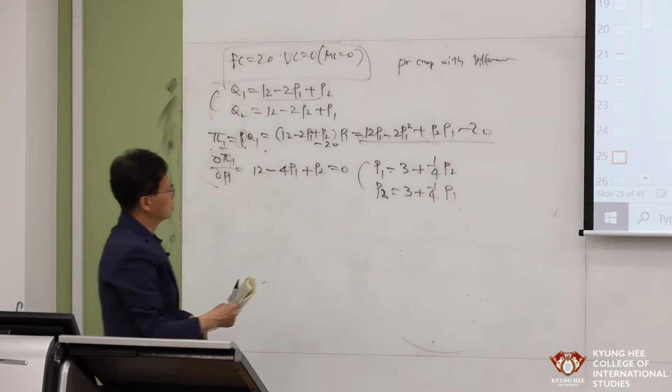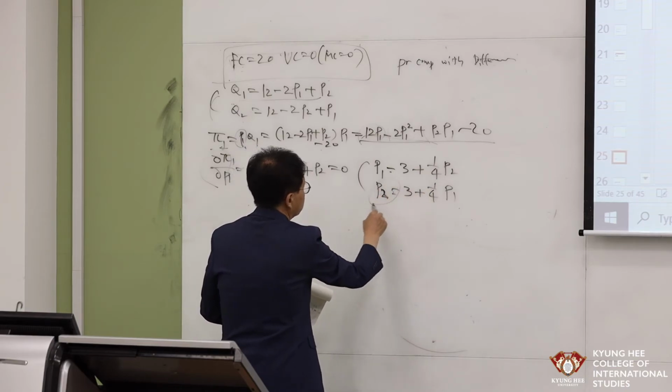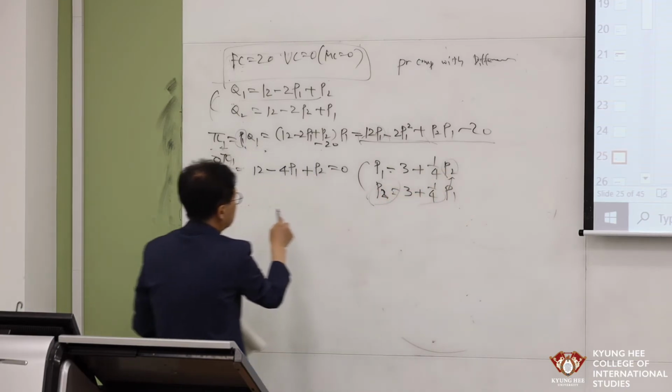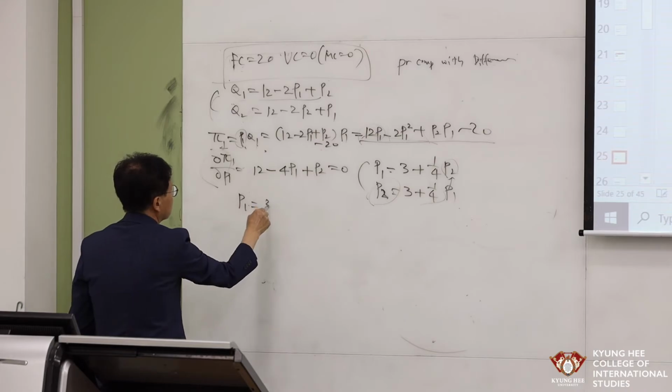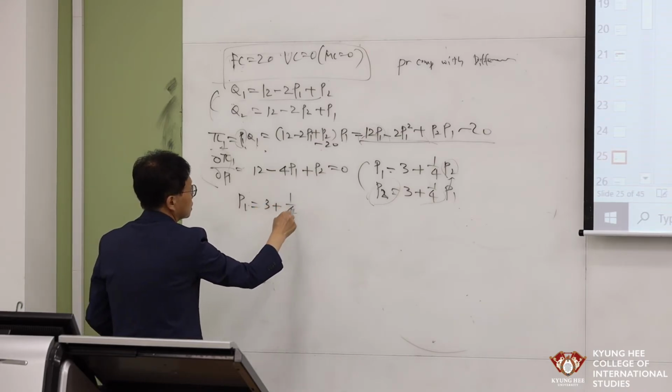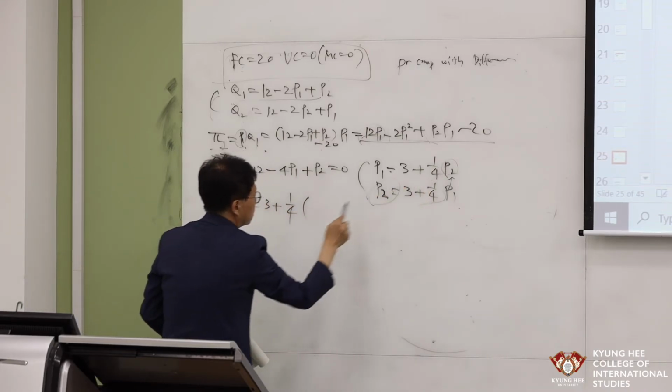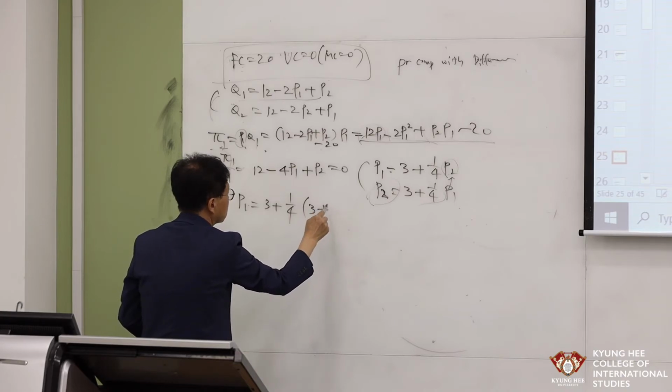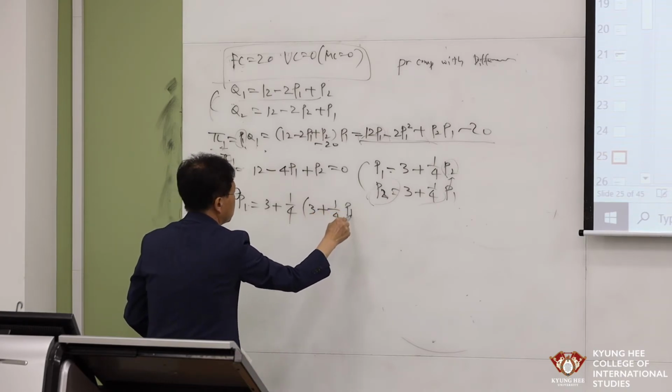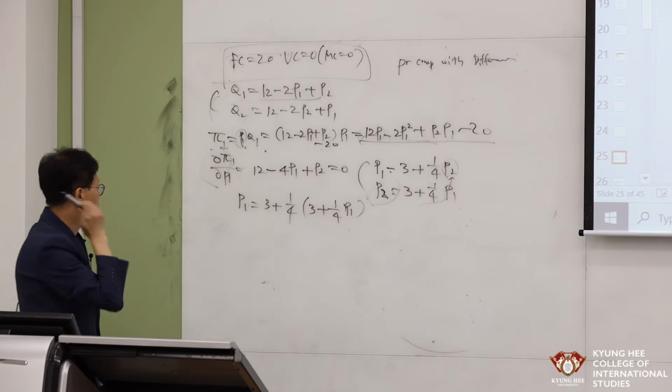Right? So this P2 is inserted here. Then P1 is equal to 3 plus one-fourth, and instead of this P2, we can rewrite 3 plus one-fourth P1 inserted. Right?